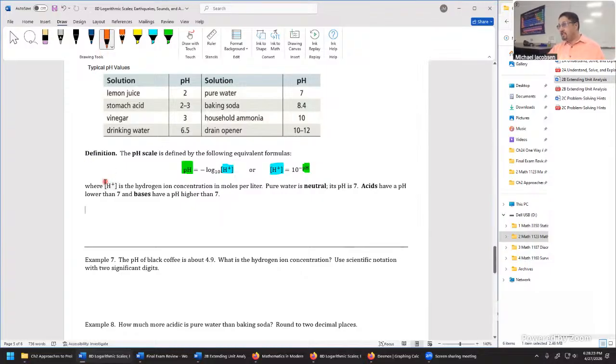Now, the next thing is, we should say what we mean exactly when we say hydrogen ion concentration. In other words, the whole thing just becomes a mystery computation if we don't know exactly what we're thinking about when we say that. When you say H+, we're talking about an ion of hydrogen. And if you're like me and you haven't taken a lot of chemistry, that's okay.